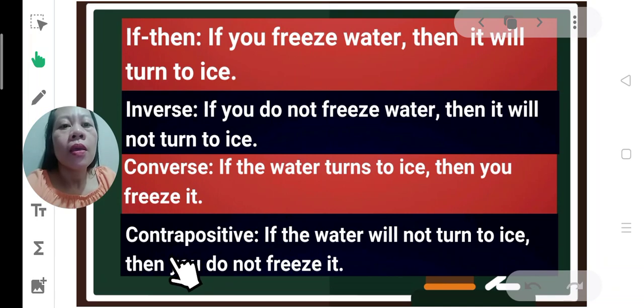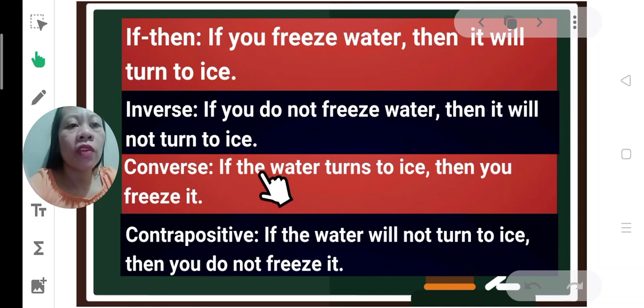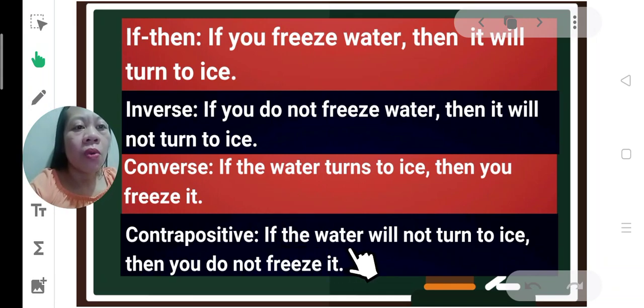Okay? And then for our contrapositive, just give the opposite or just negate the converse form of the original statement. So we have this one: if the water will not turn to ice. Observe this one. In the converse form, the water turns to ice. In the contrapositive form, that becomes the water will not turn to ice.